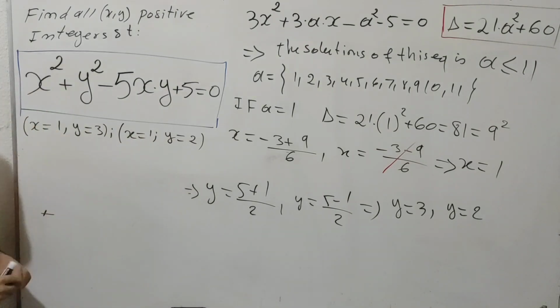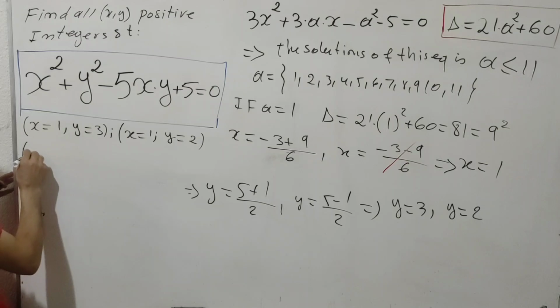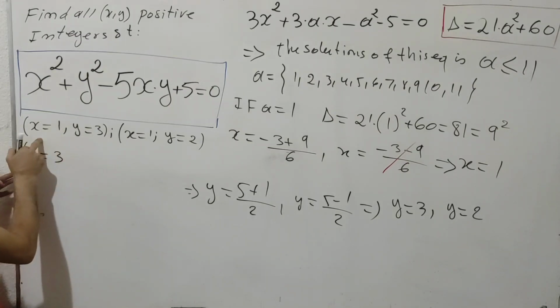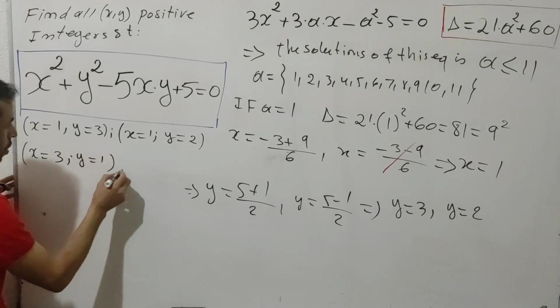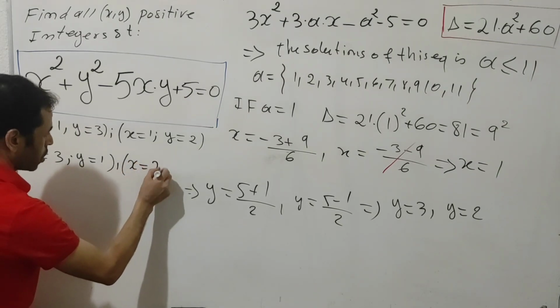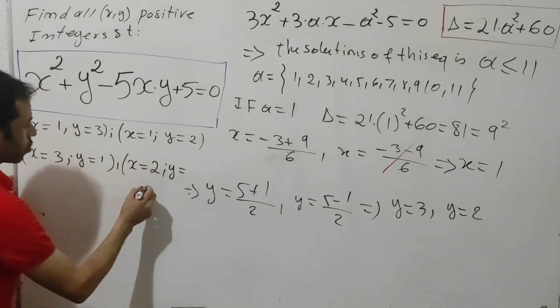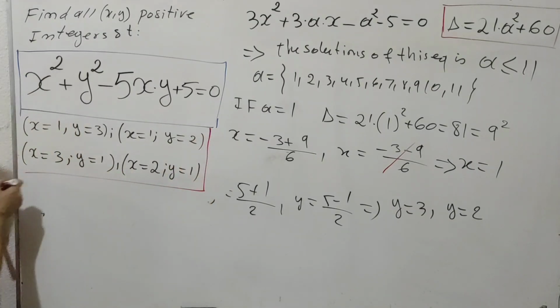But don't forget we have a symmetry, so I will have another two solutions: x equals 3 and y equals 1, and x equals 2 and y equals 1. So for this case, I found these four solutions.